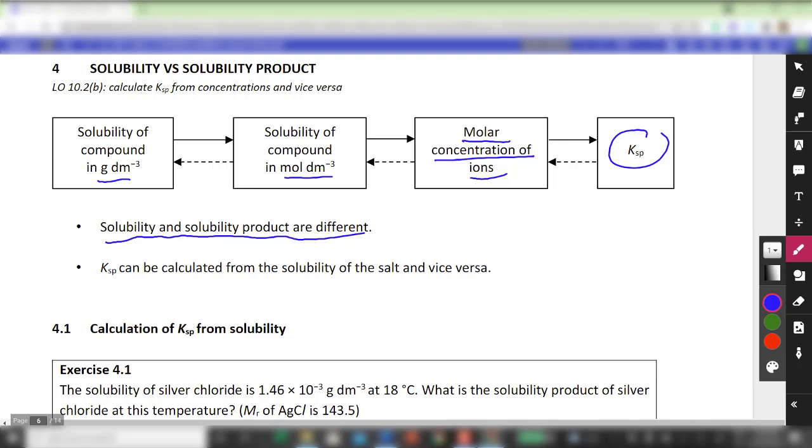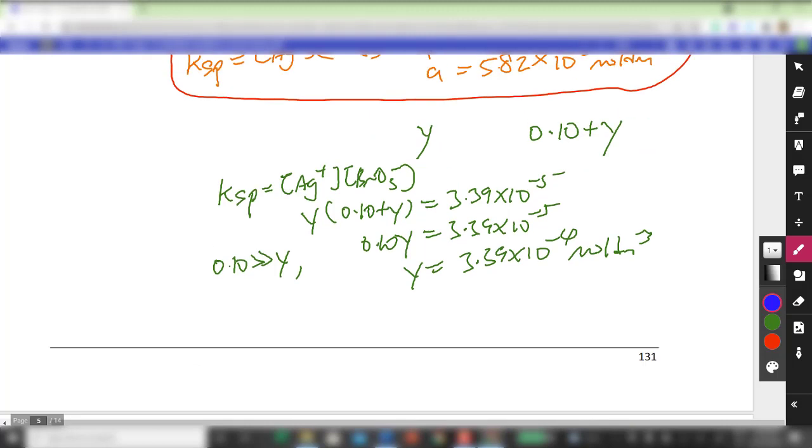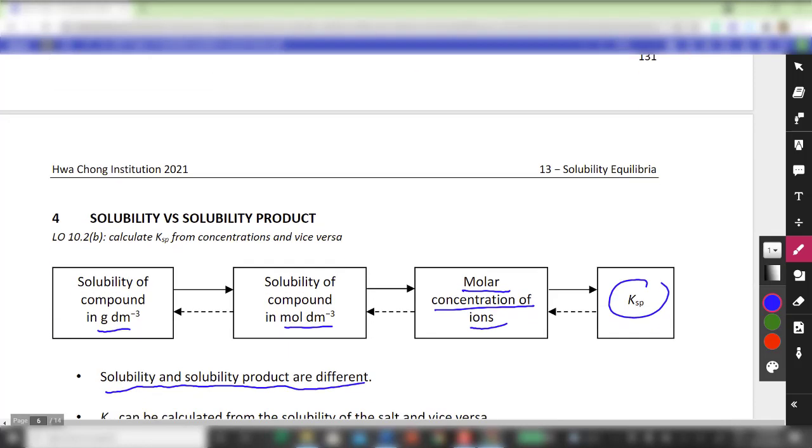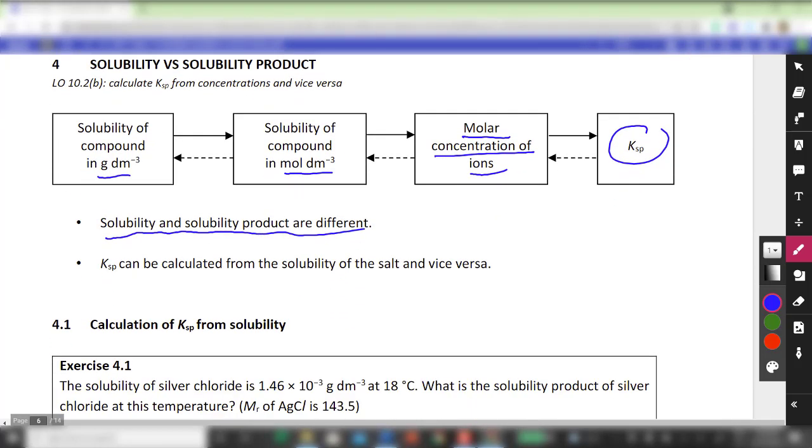And the saturated solution can have aqueous ions with an infinite combination, which I think I've painstakingly tried to explain to you earlier on. So using silver bromide as an example, I can have infinite combination. But the solubility of a compound, in terms of moles per dm cube or grams per dm cube, is actually a fixed number at a given temperature.